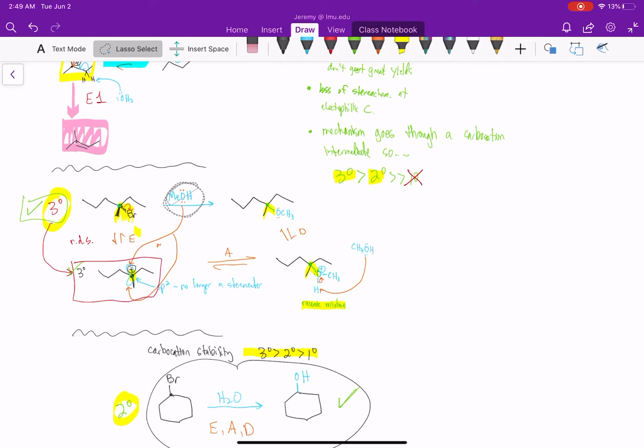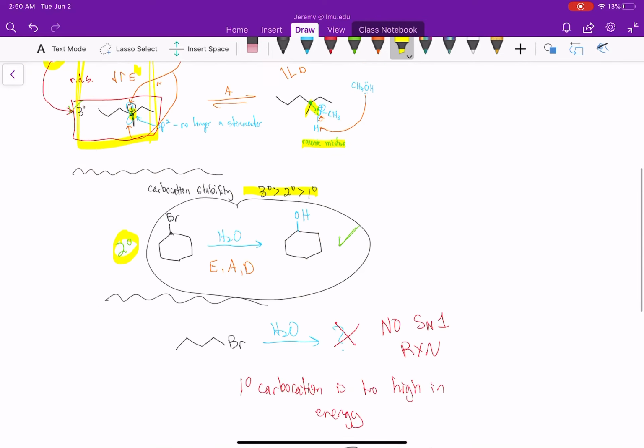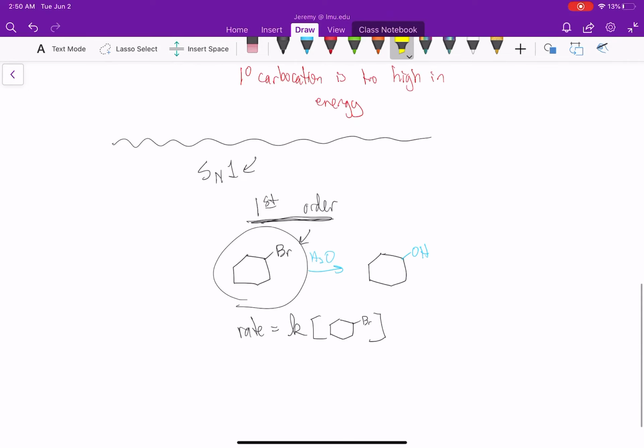The nucleophile is not reacting with our reactant in the rate determining step. In the rate determining step, we break the carbon-bromine bond to form the carbocation. The nucleophile reacts after that. So in our rate determining step, there is no nucleophile reacting. We just have to worry about the concentration of our alkyl halide only.